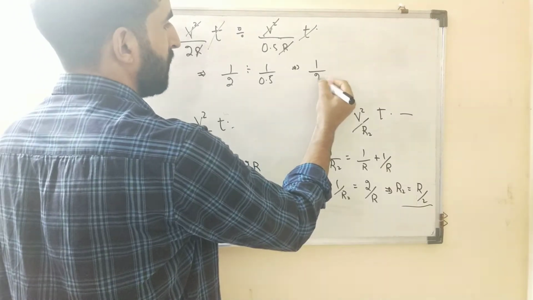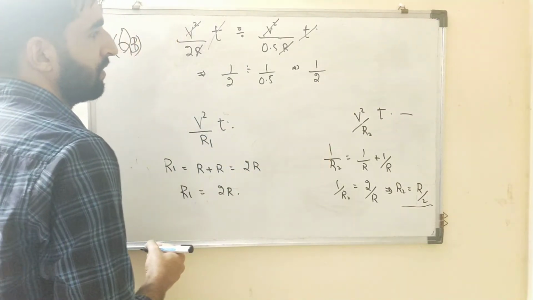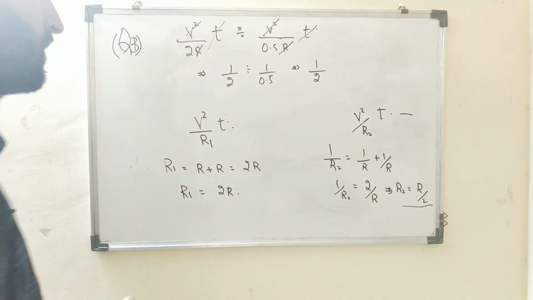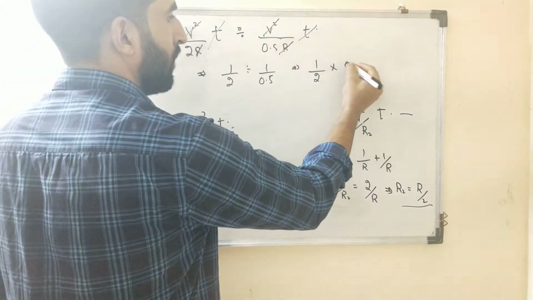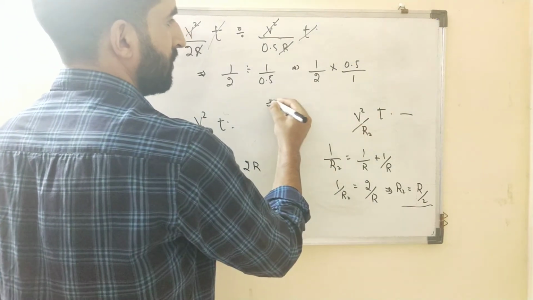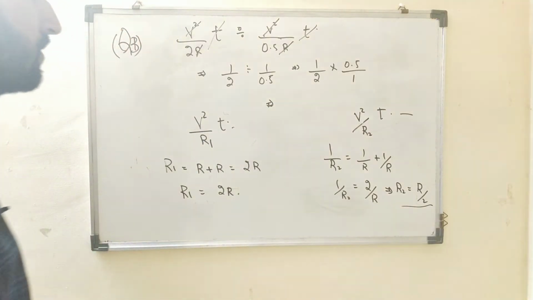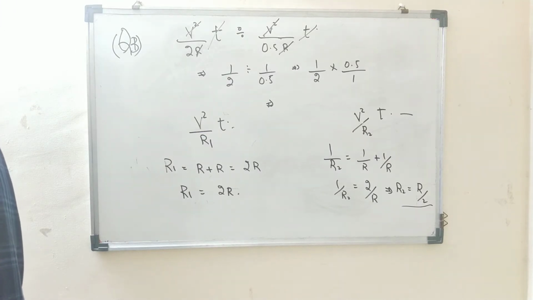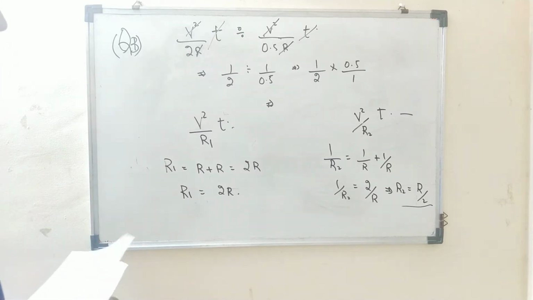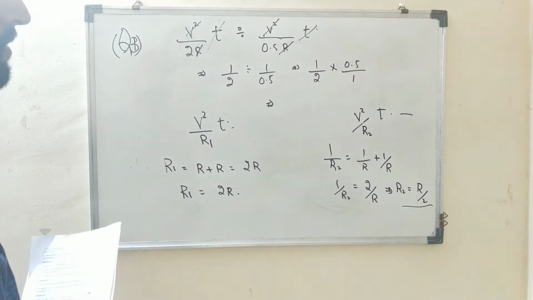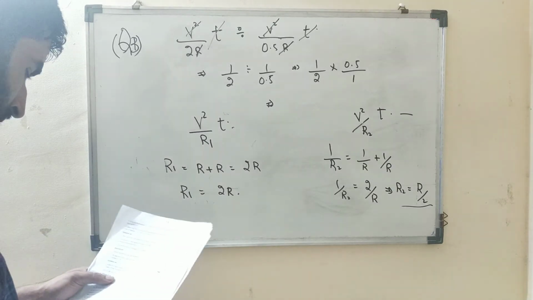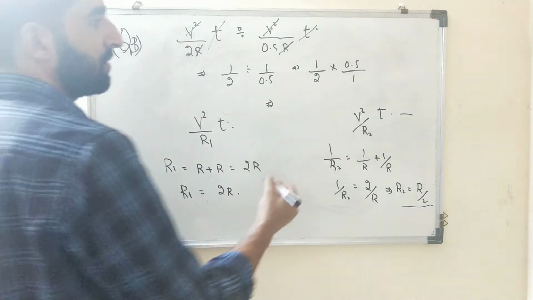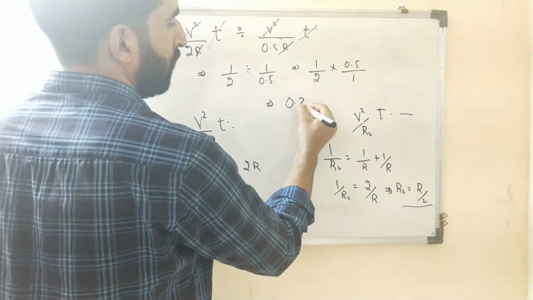So this is equal to 1 by 2 into 0.5 divided by 1. So this will be equal to 0.25.